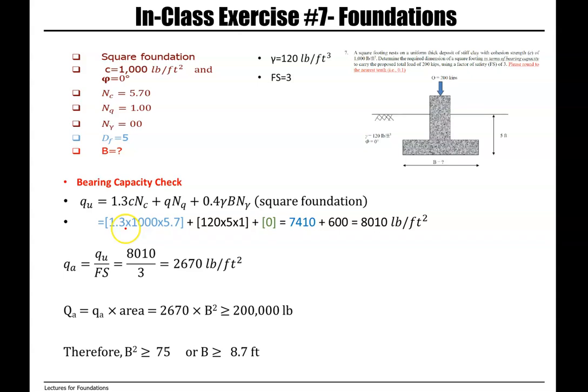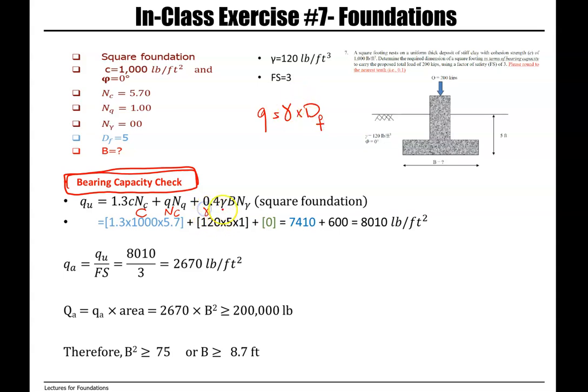So we start from here, plug in the numbers, and we are doing only the bearing capacity check. 1.3 times C times NC. There is no groundwater table, so Q is gamma times dF, surcharge.